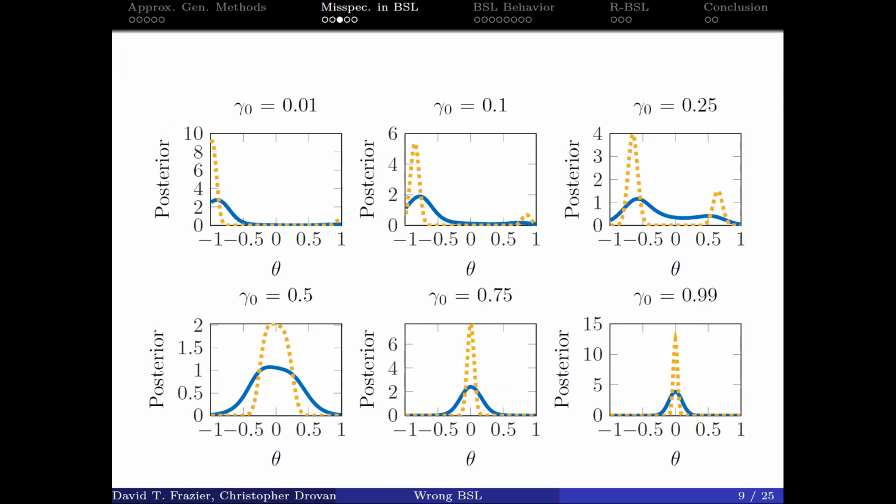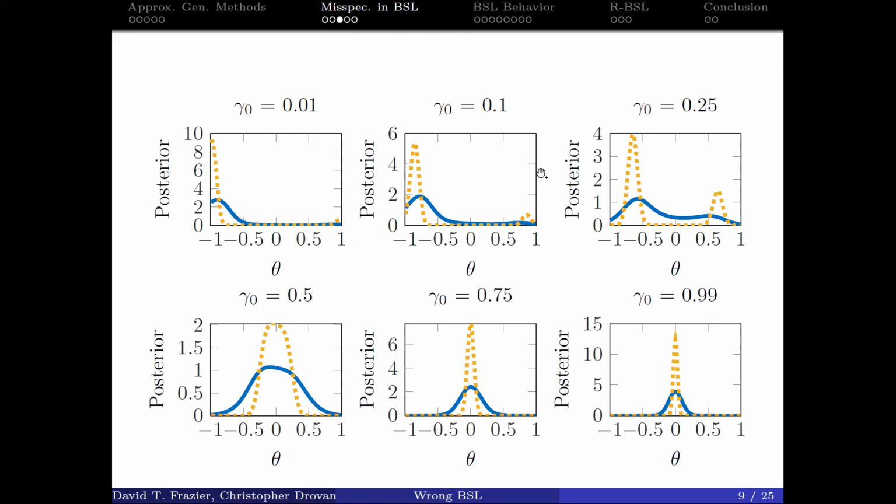So the top left of my screen is the biggest value of misspecification to the lowest. And what you see here is something I would have never expected to see looking at exact posteriors for an MA1 model parameter. In the case of very misspecified models, the BSL posterior is concentrating onto the boundaries of the parameter space.